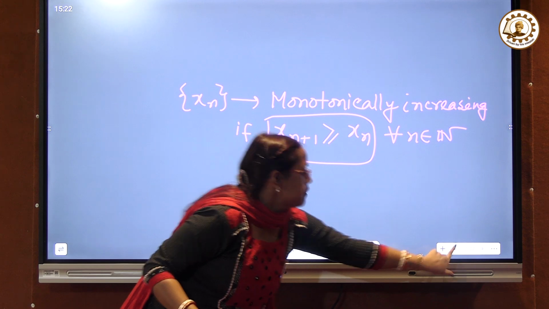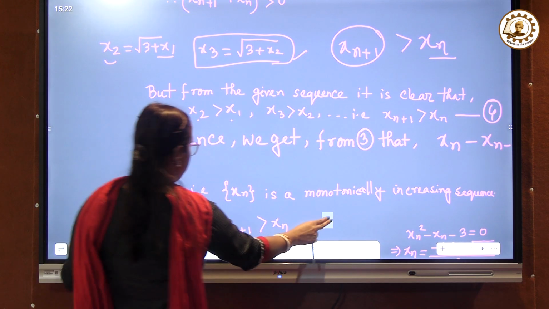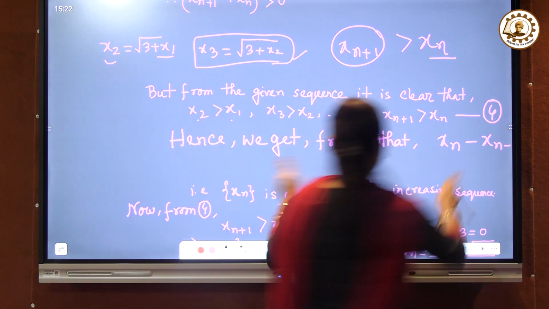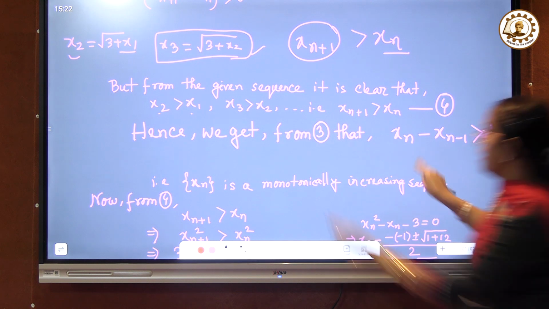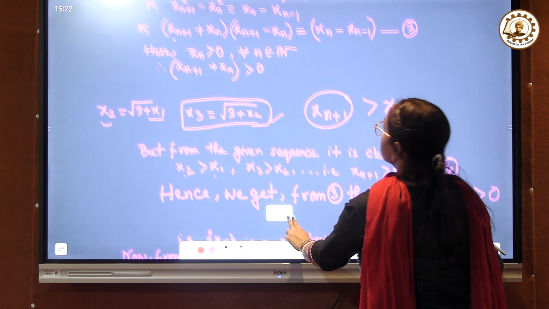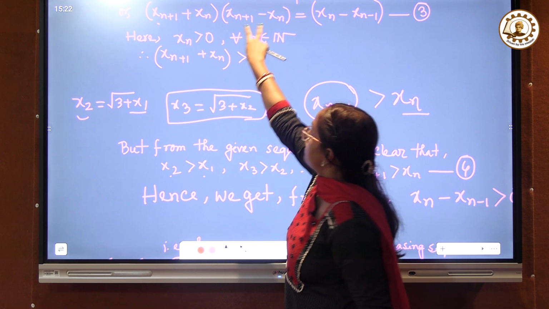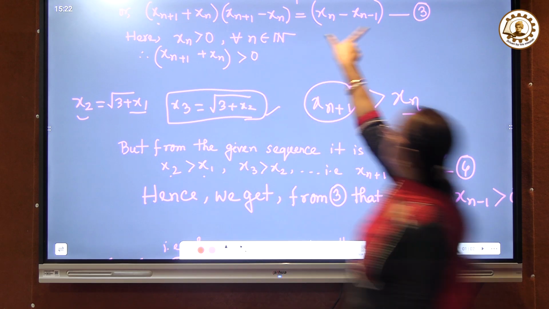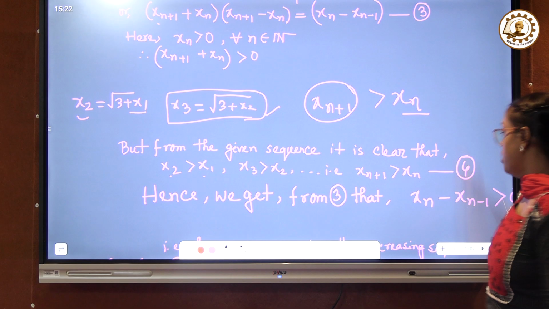Now, in our problem, what do we get? We get that xn plus 1 is greater than xn. So, in equation 3, this term is also positive, this term is also positive. That means the difference xn minus xn minus 1 is positive.